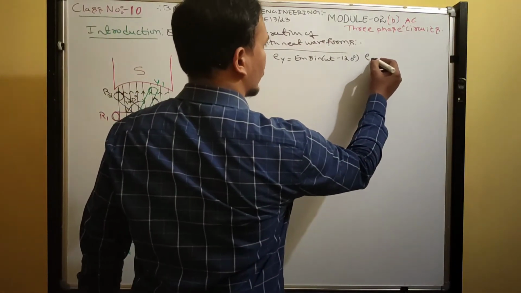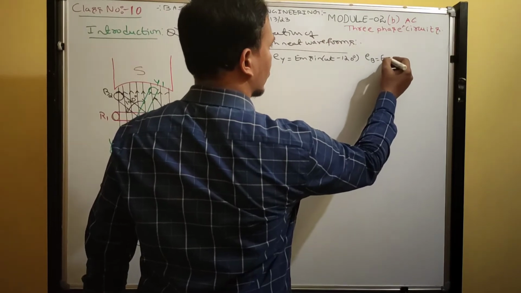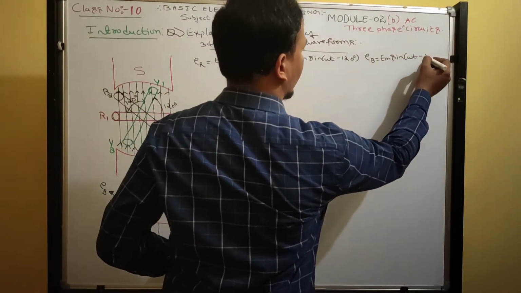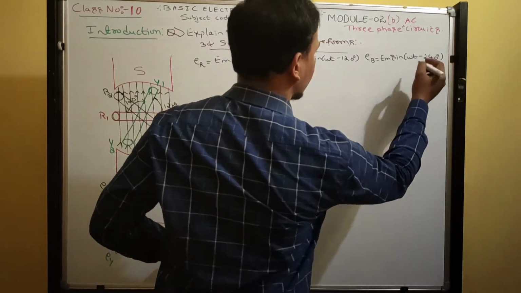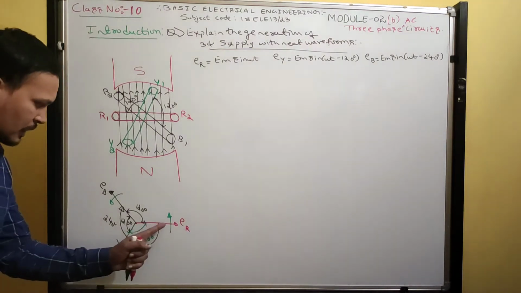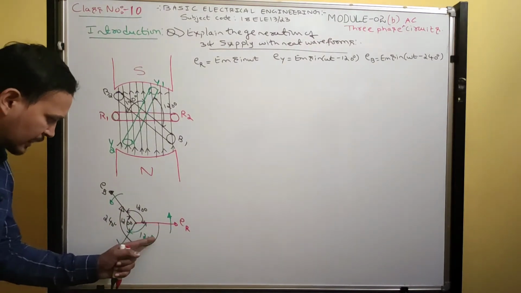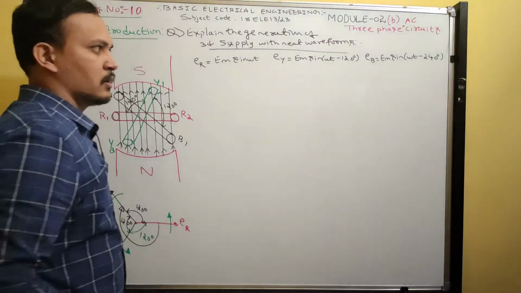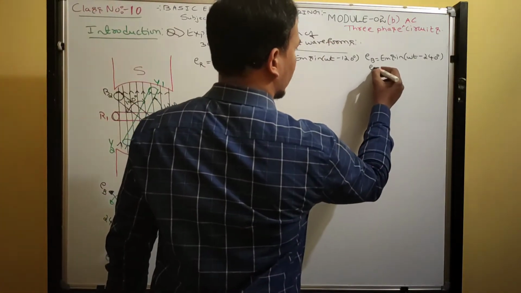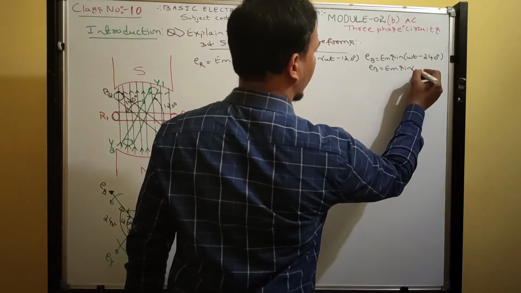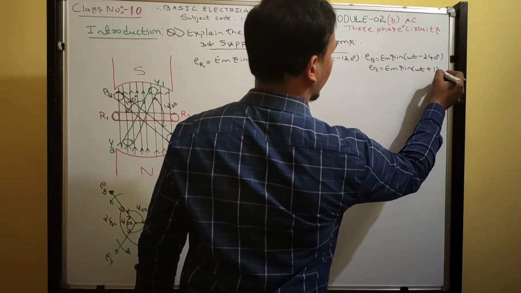Similarly, the EMF induced in B phase can be written as EM sine omega t minus 240 degrees, with respect to R phase. So EB lags R phase by 240 degrees, or otherwise EB leads R phase by 120 degrees.